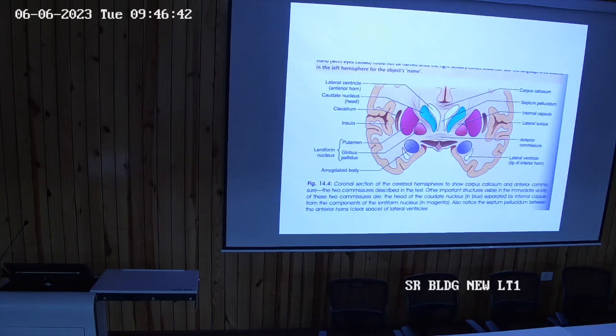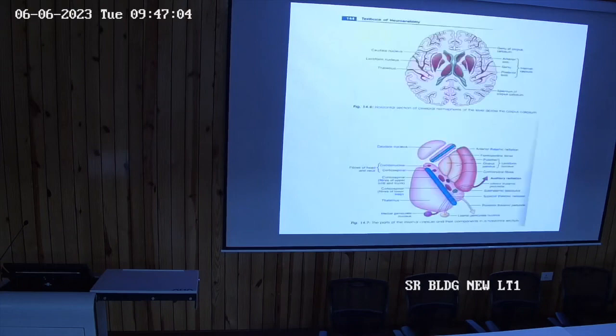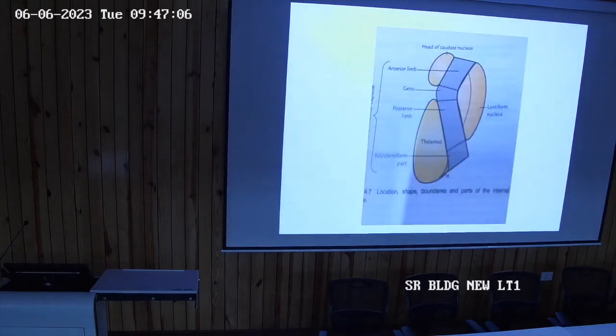So the caudate nucleus and the putamen act as afferent, and the globus pallidus acts as efferent. That is all about this.